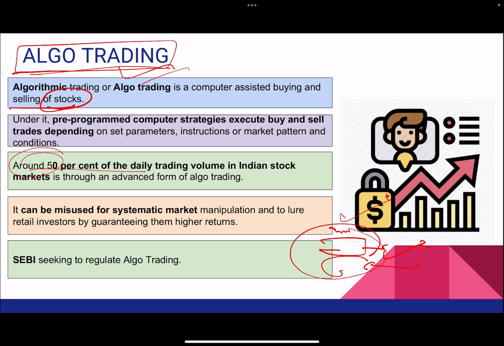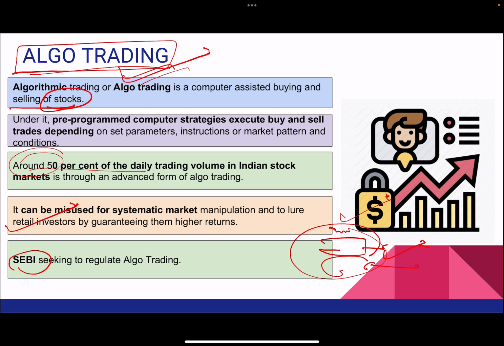The algorithm may be tampered with or misused to benefit one particular corporation, and to bring about monopolization by one particular corporation. Such concerns are there with algorithmic trading, and that is why SEBI is seeking to regulate it. So far, SEBI has released many circulars to regulate this framework, but SEBI is looking for more broad and standard guidelines, because earlier, when algorithmic trading was not there, no such rule came up by SEBI.